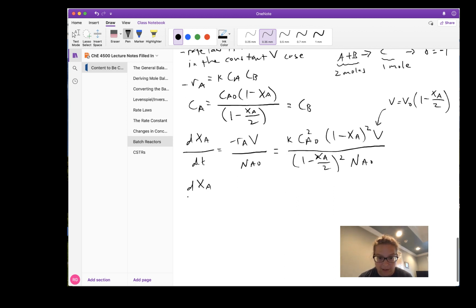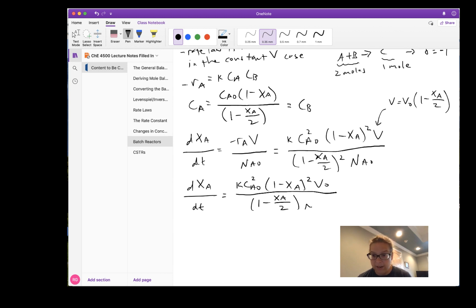So dXa dt is equal to K Ca naught squared (1 minus Xa) squared V naught, divided by (1 minus Xa over 2) times NA naught. Just like in the last case, this term is going to be equal to 1 divided by Ca naught.